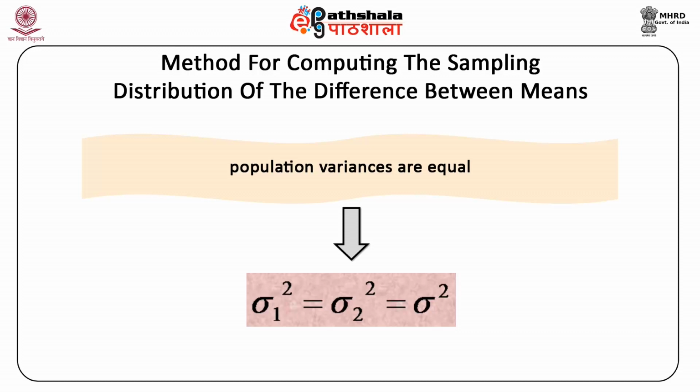However, due to sampling error, if a sample is taken from each population, the two sample variances will likely differ from each other, as well as from the common variance sigma squared.